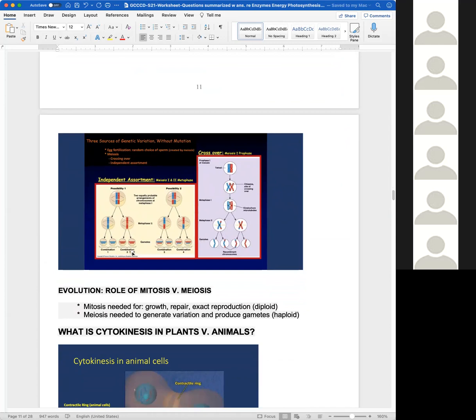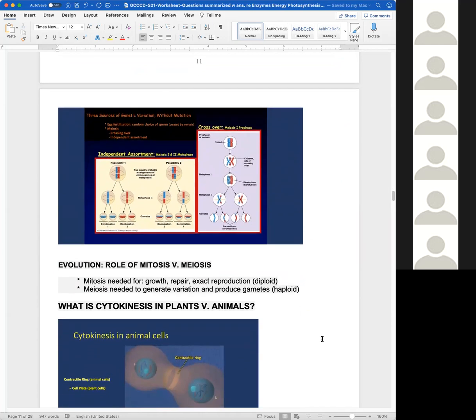There were a couple of questions about what is the role of mitosis in evolution versus what is the role of meiosis in evolution. Well, mitosis is needed for the organism to exist, in order for it to grow, to repair itself, and to reproduce precise cellular copies.